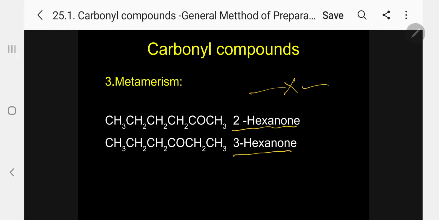If the carbon arrangement on either side of the functional group differs, it is metamerism. If you take CO, here 1 carbon atom, here 4 carbon atoms, it is 2-hexanone. If you take this one, CO, here 2 carbon atoms, here 3 carbon atoms, this is 3-hexanone. Kindly follow. So 2-hexanone and 3-hexanone are specific examples of metamerism.